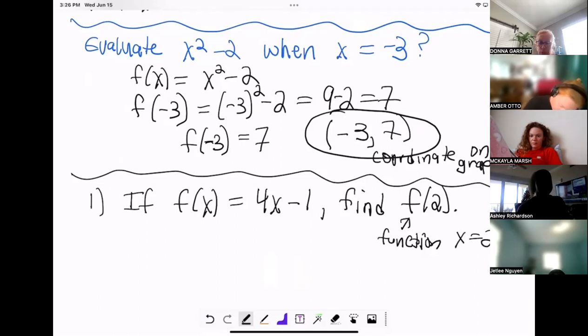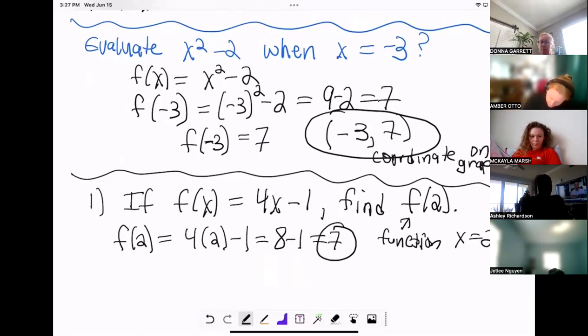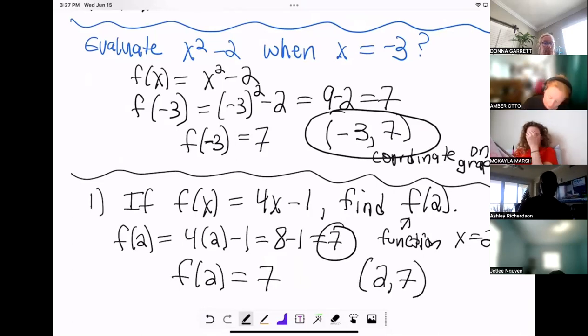So I'm going to do f of 2 equals 4 times 2 minus 1, wherever x is, I put 2 in. And now I can simplify. 8 minus 1 is equal to 7. I got 7 again, how about that? I didn't realize it. So f of 2 is equal to 7, which also means that my coordinate (2, 7) is on my graph.